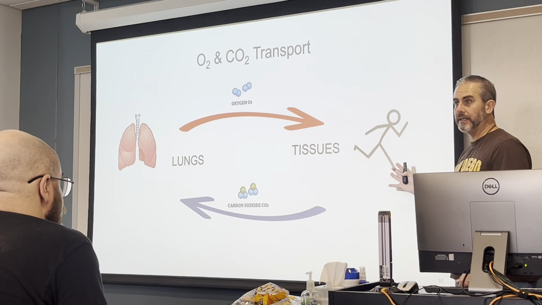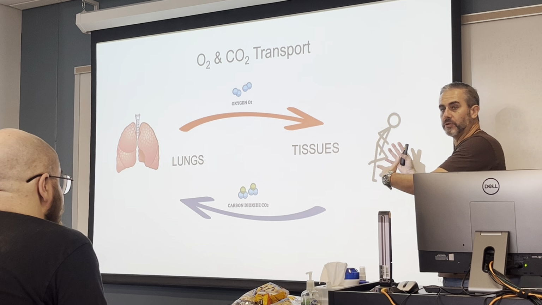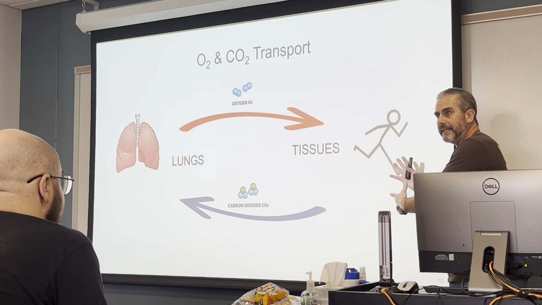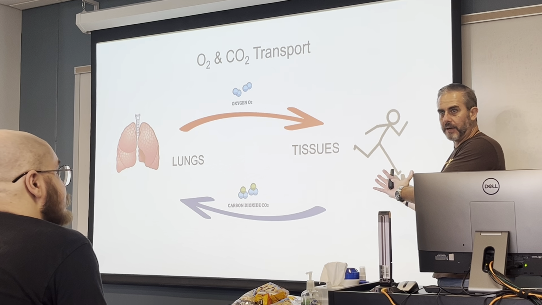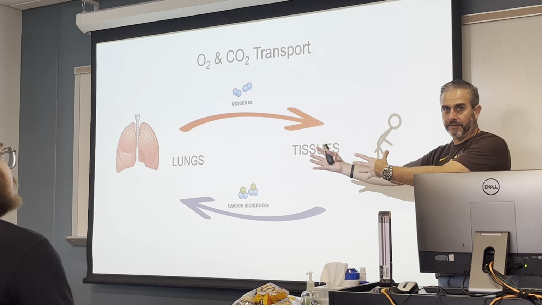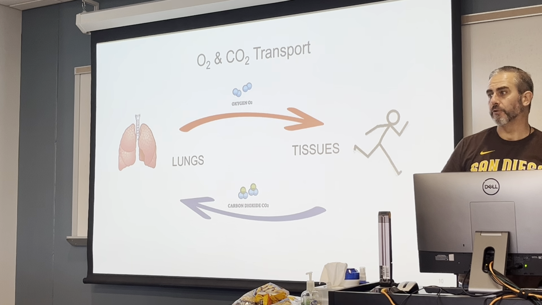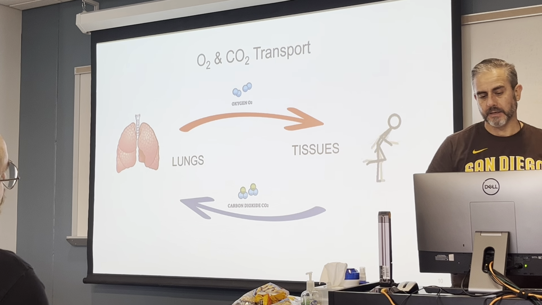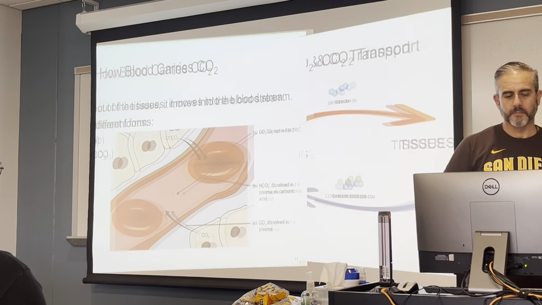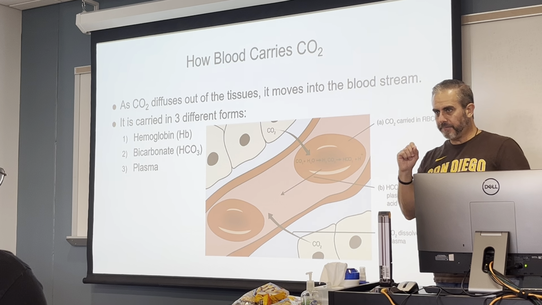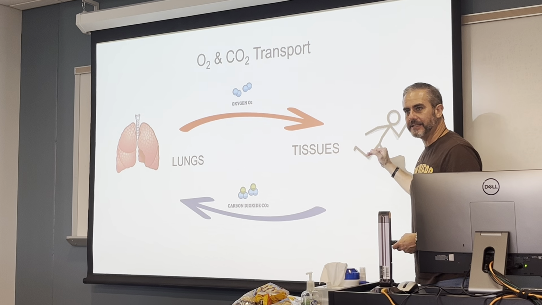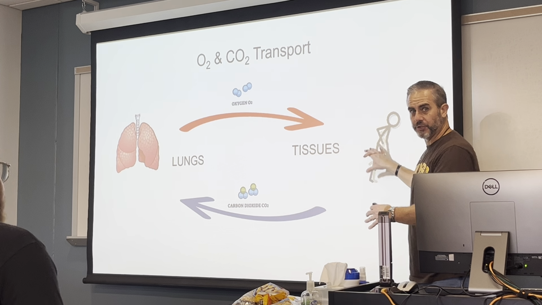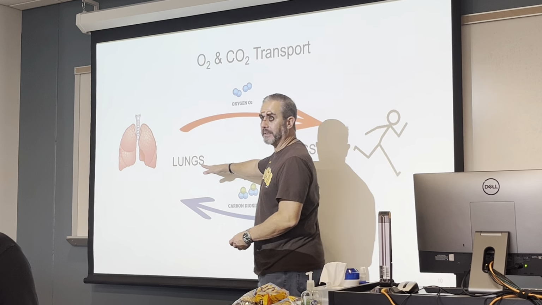And again, this process is always constantly occurring. Oxygen, of course, is going in to supply the tissues, the organs, the muscles that need that oxygen to perform their work. The byproduct, carbon dioxide, the waste product, does have to be brought back to the lung for us to exhale. So specifically, how does the CO2 get from the tissues back to the lungs?